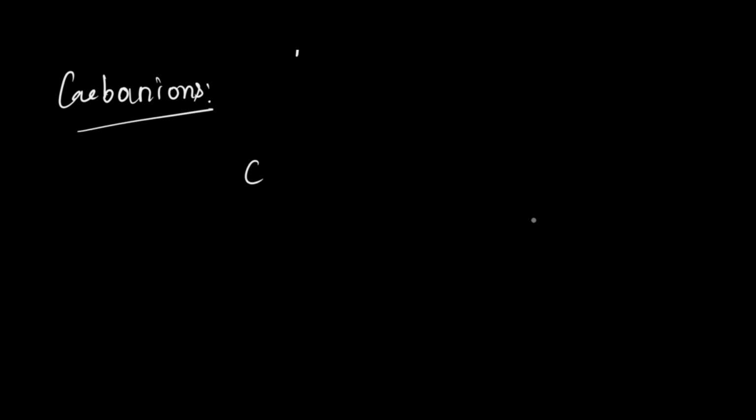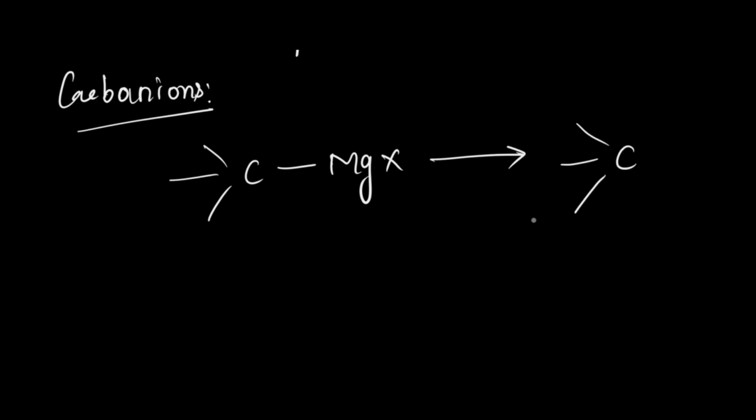For example, here if I am taking carbon with MgX, where Mg will be more positive, that is a metal, it creates C minus plus MgX bearing a positive charge. Okay, so this is called a carbanion.